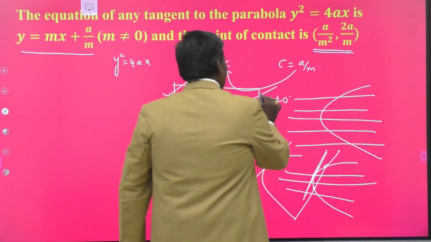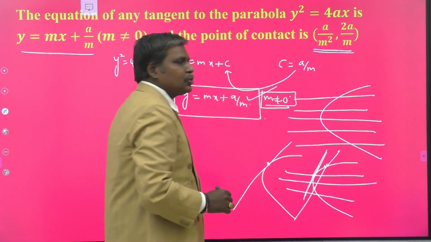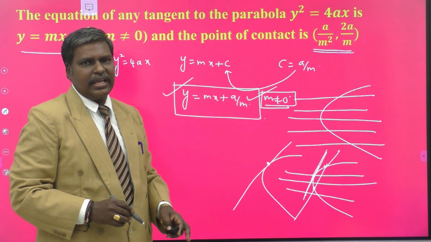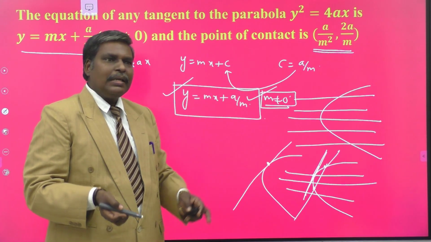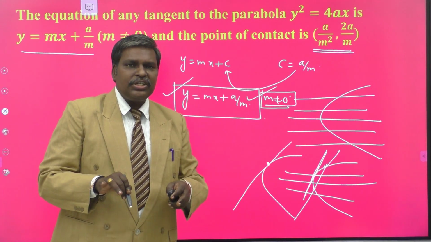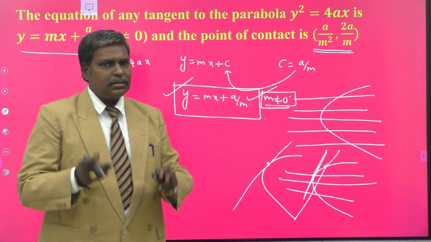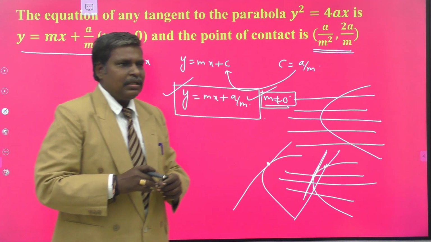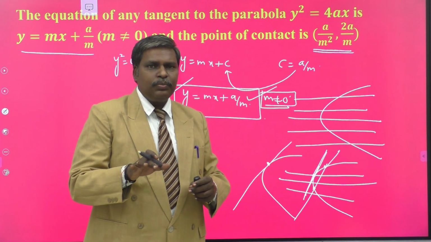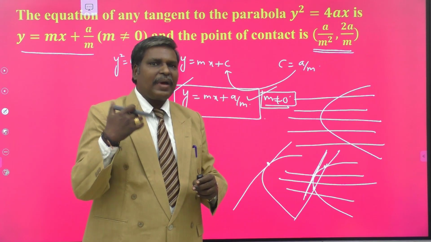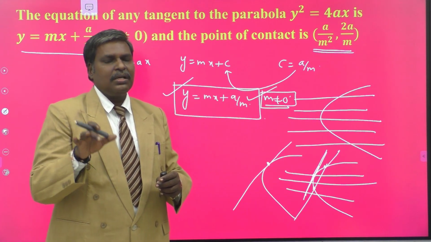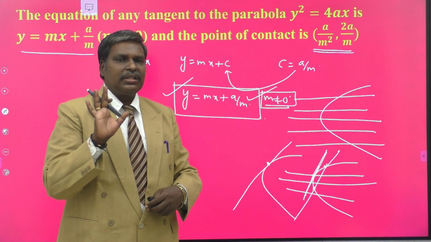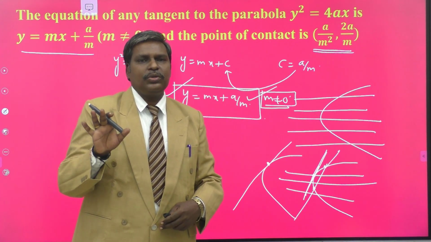So you have to remember that m is always not equal to 0 in the sense of tangents, only for y square equal to 4ax. If your curve is changed, that is a different matter. Any line drawn parallel to the axis never becomes tangent. That is the generalization of the statement. Any line drawn parallel to the x-axis intersects the parabola at one point, not touches at one point, so it never becomes tangent to the parabola.